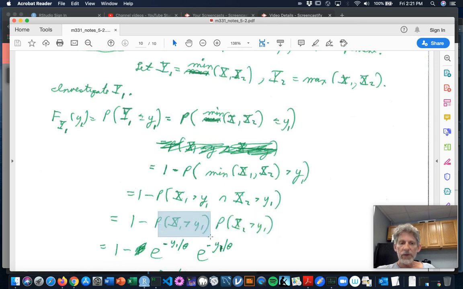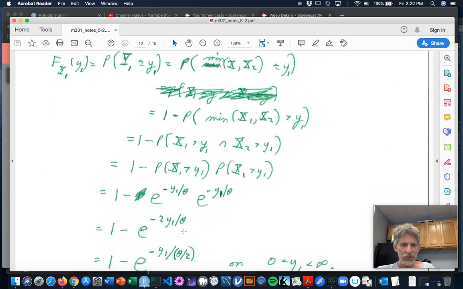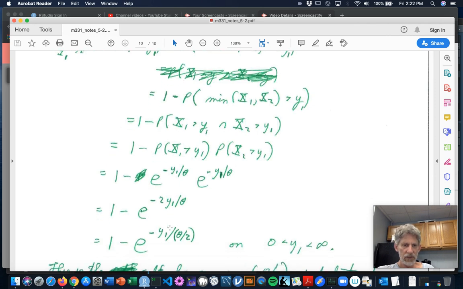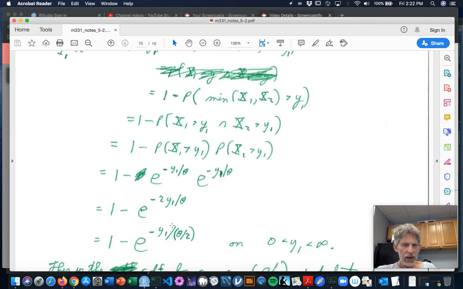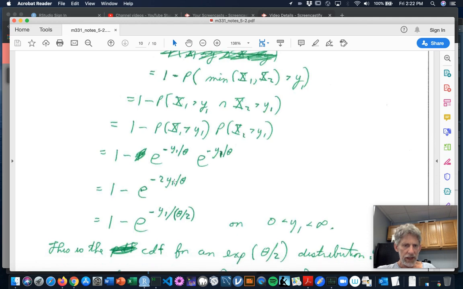And they're exponential random variables. The chance of being bigger than a number is that easy-to-remember fact. The first chance is e to the minus y1 over its theta, and the second one is e to the minus y1 over its theta. So if we use properties of exponents, that can combine into that. Now, I can further, kind of perversely, write that as dividing by theta over 2 instead of multiplying by a 2 and dividing by theta.